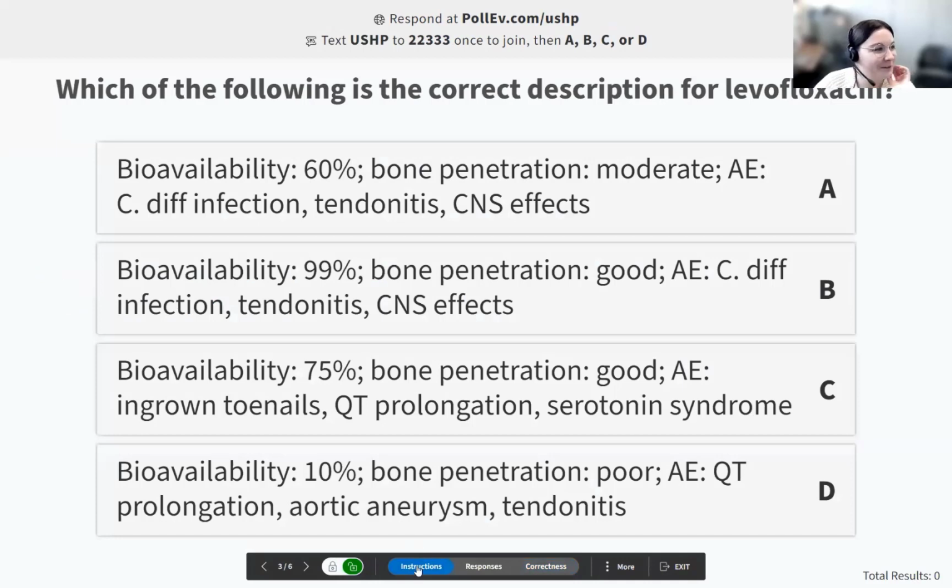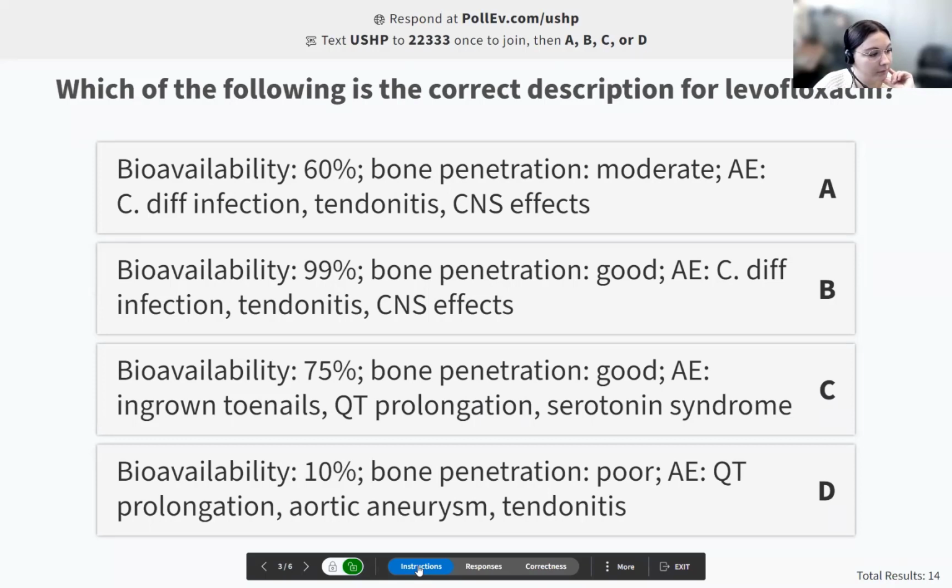Okay. Which of the following is the correct description for levofloxacin? A, bioavailability about 60%, moderate bone penetration, adverse effects can be C. diff infections, tendinitis, CNS effects. B, bioavailability of 99%, good bone penetration, adverse events of C. diff infection, tendinitis, CNS effects.